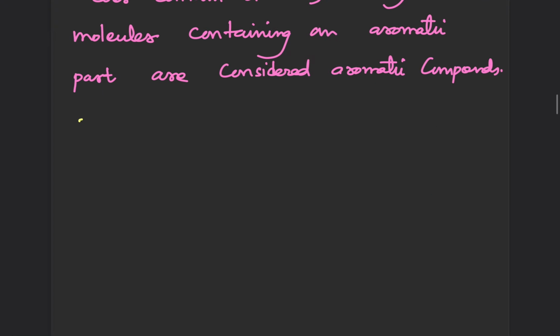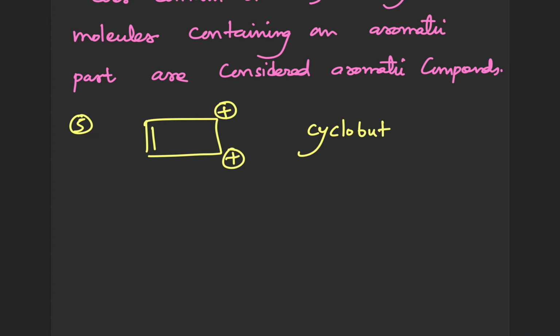Then the fifth species that we have is this guy. The name of this guy is cyclobutenyl dication. First of all, it is planar, because every carbon is either a carbon of a double bond, that is these two guys, or a carbon bearing a positive charge.